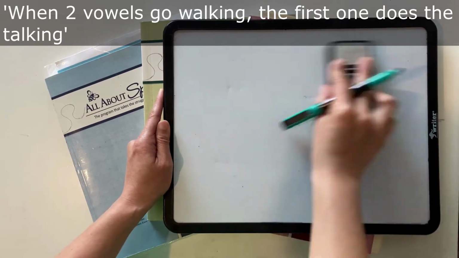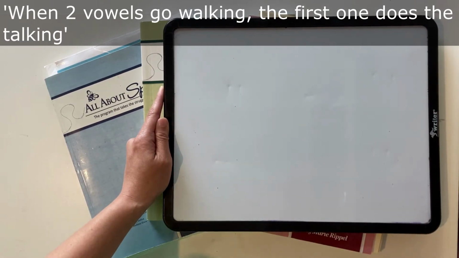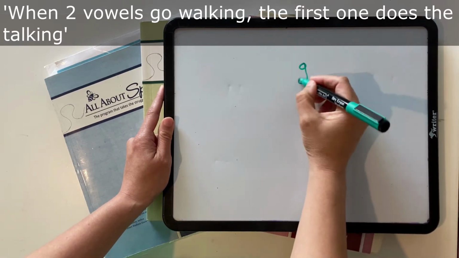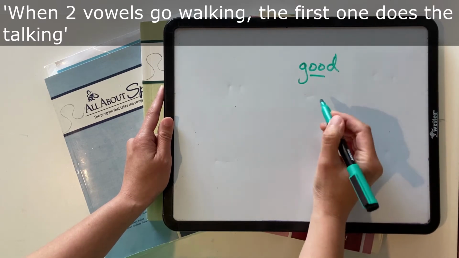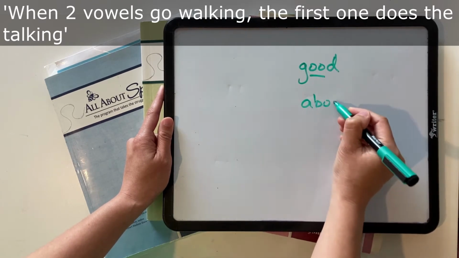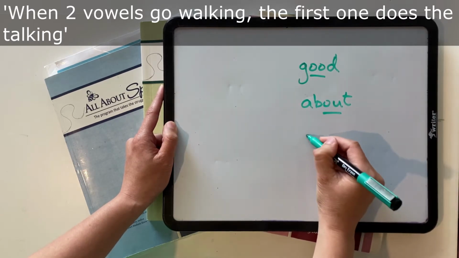But when you have a look at a larger variety of words, you'll soon find out that it's actually a false rule 60% of the time. Here are some examples. Good, so it makes an U sound. About makes an OW sound.